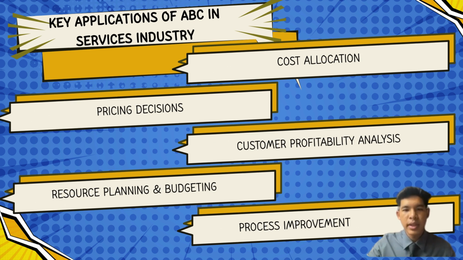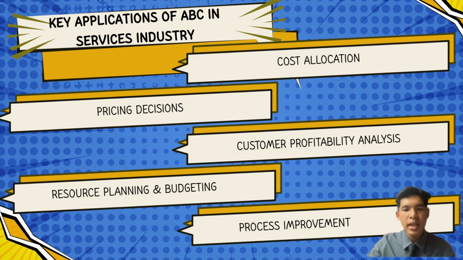In service companies, it's often hard to figure out where overhead costs like admin, IT, or rent should go. ABC fixes this by linking these costs to the real activities that drive them. This makes cost distribution more fair, clear, and accurate across team, clients, or services.